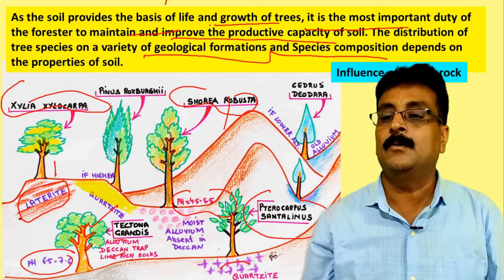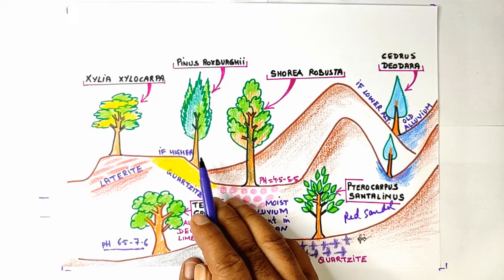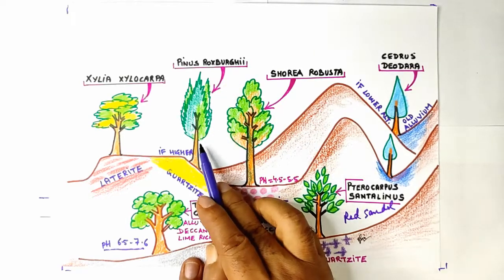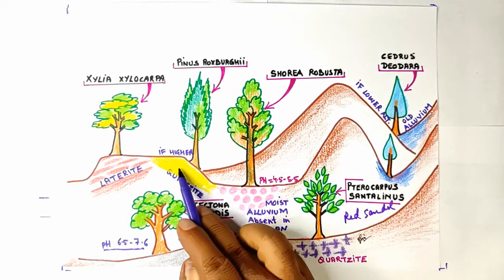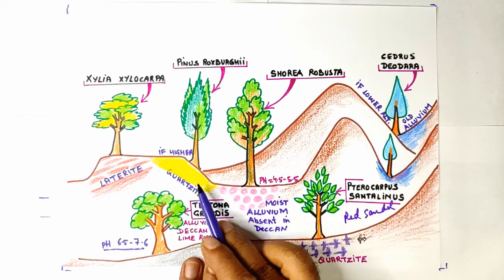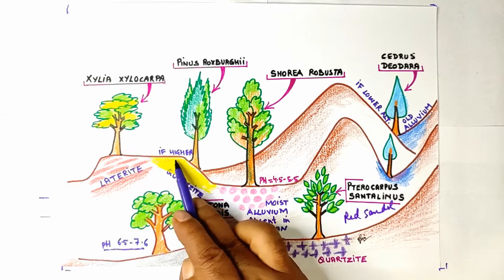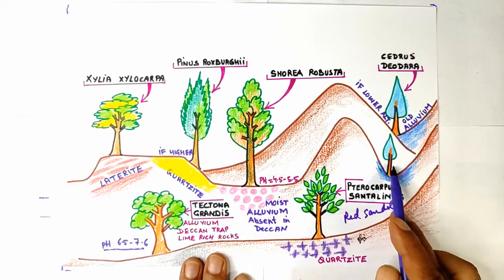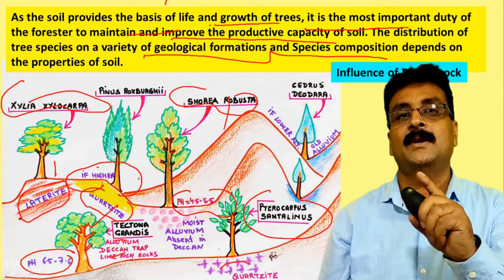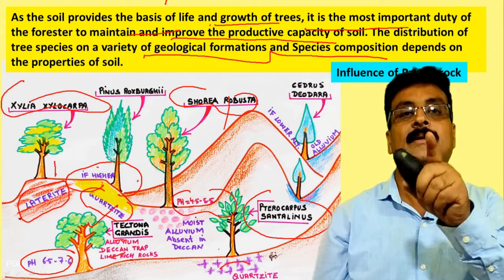Let's see one thing. This is Pinus roxburghii. In quartzite soil, just because of the influence of parent rock, it sometimes comes at higher altitudes than your deodar. It never happens that Pinus wallichiana and Pinus roxburghii come higher than deodar.